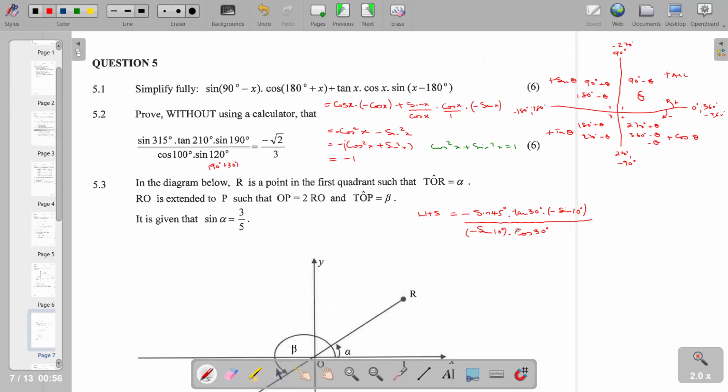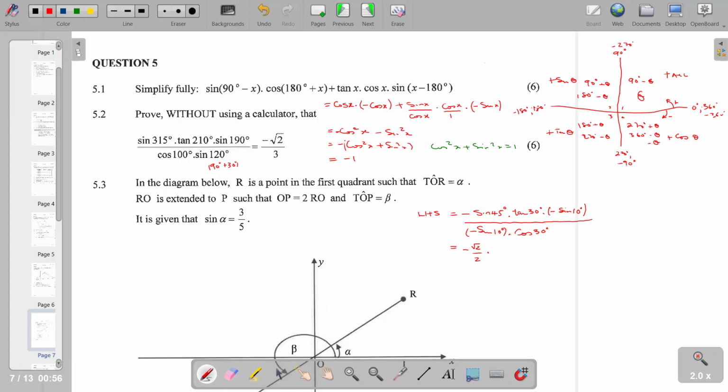Then we simplify that. So if we are to check the sine 10 and that sine 10, they cancel out each other. So this will be equal to a negative sine 45. It's going to be a negative root 2 over 2. Then a tan 30 is a special angle.